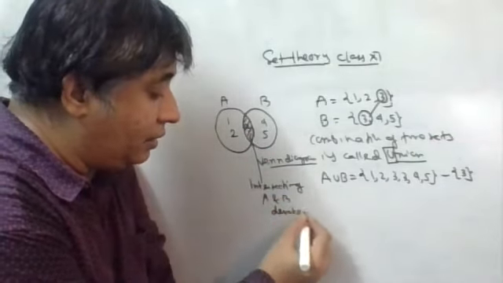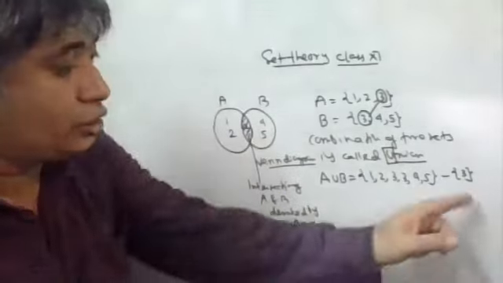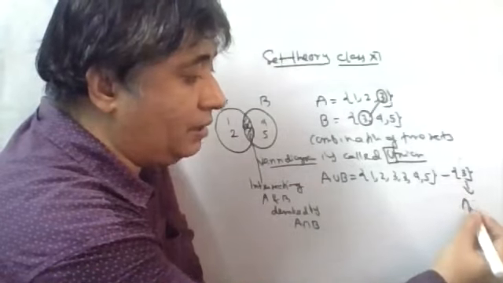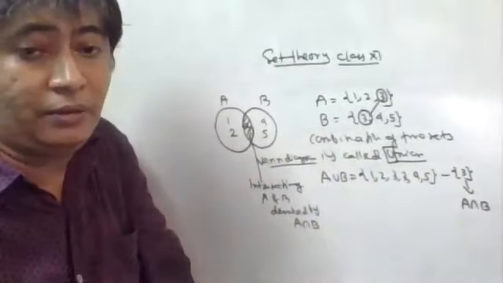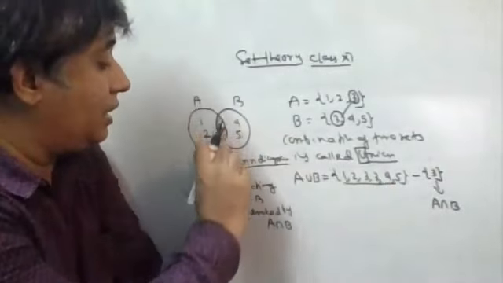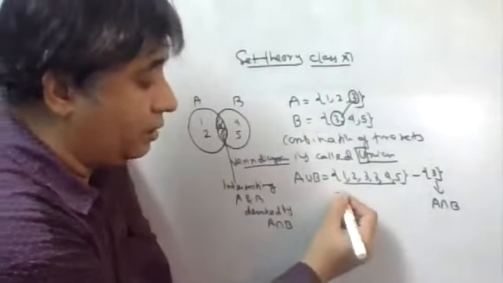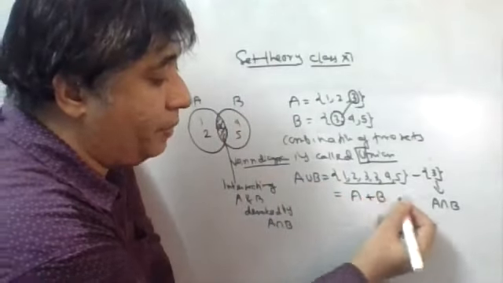Denoted by A intersection B. So this part is nothing but A intersection B. What about this total? This is the flat counting of two sets, means addition, means A plus B.